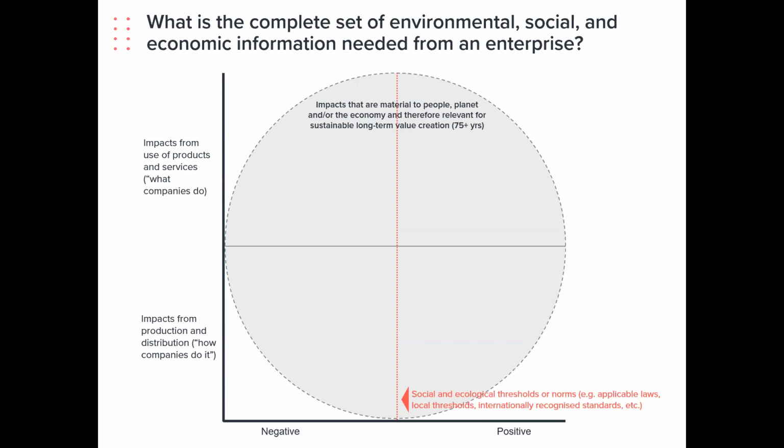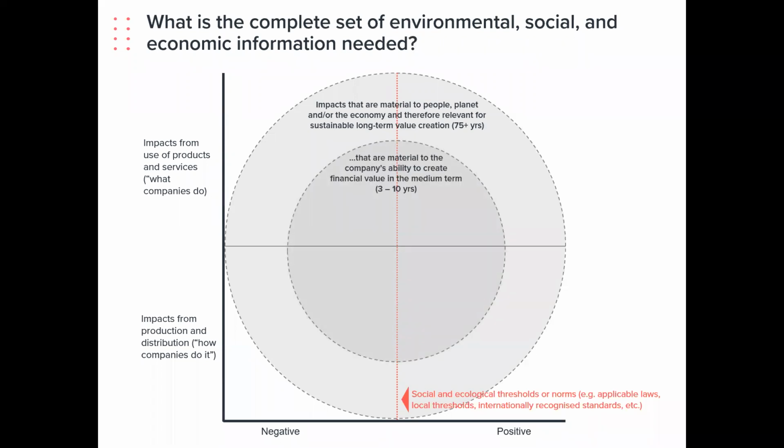So that was just a few observations about companies' information and the different parameters that we need to be looking at. If you then add another lens to this, you start to get into, okay, but what subset of this information is actually relevant to a company who is motivated from a commercial perspective?